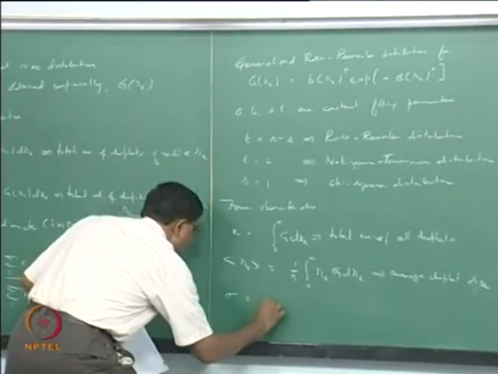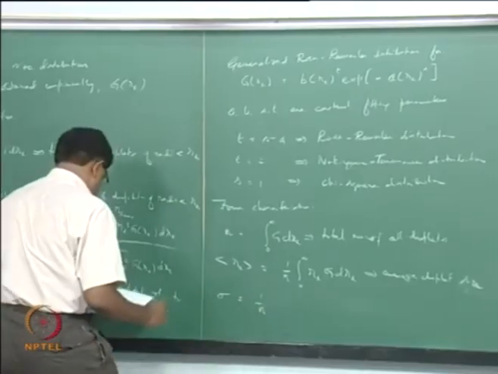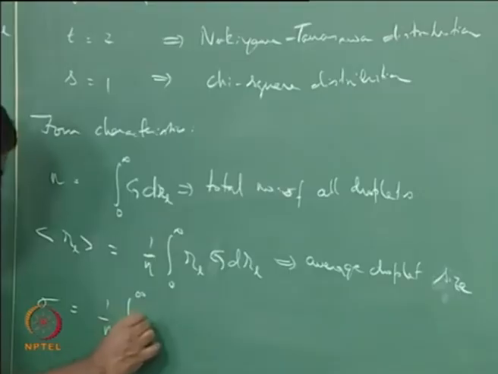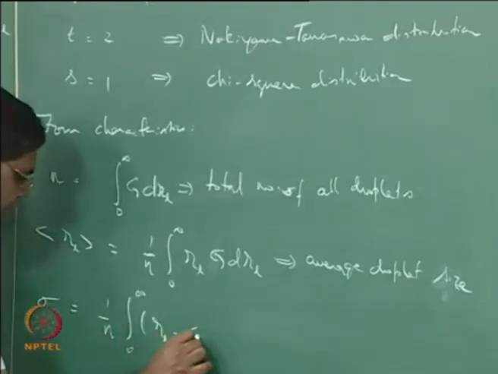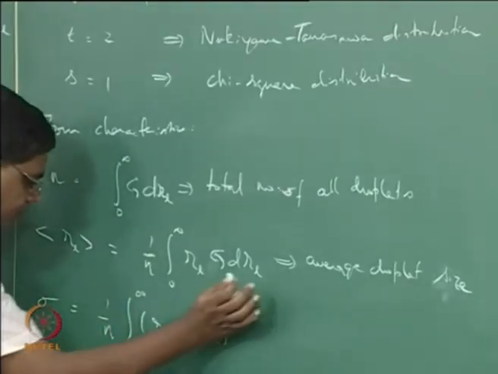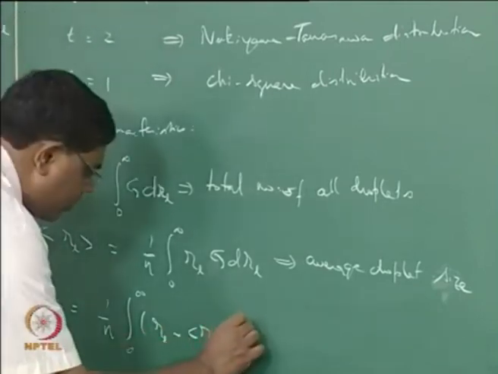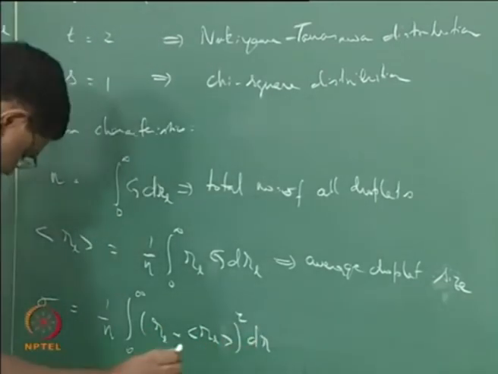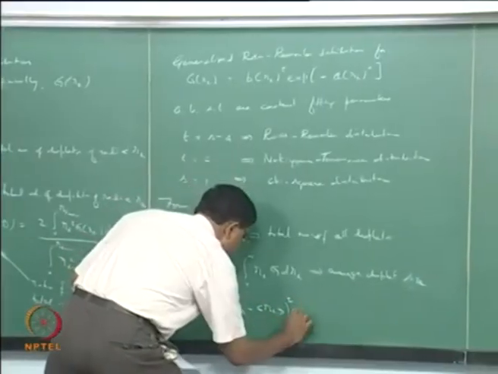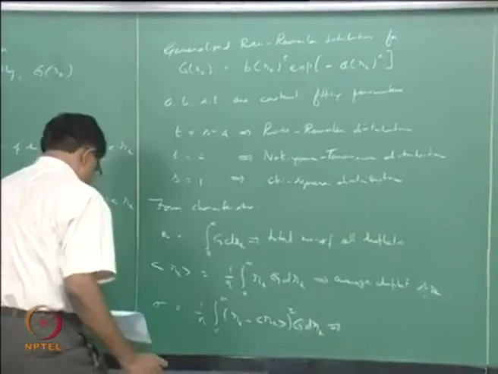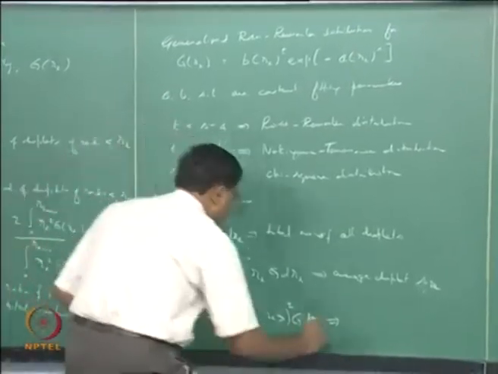So sigma equals 1 over N, the integral 0 to infinity of (RL minus the mean) whole squared G dRL, which is the standard deviation.